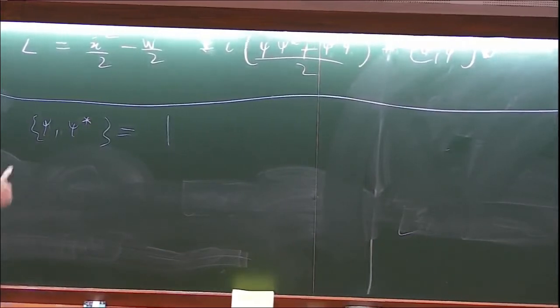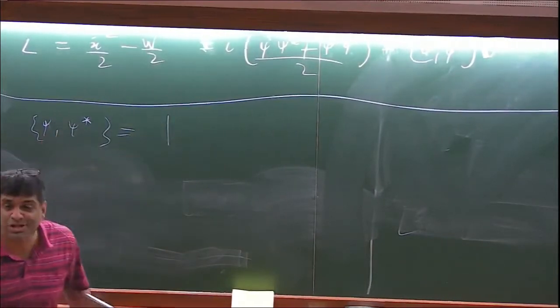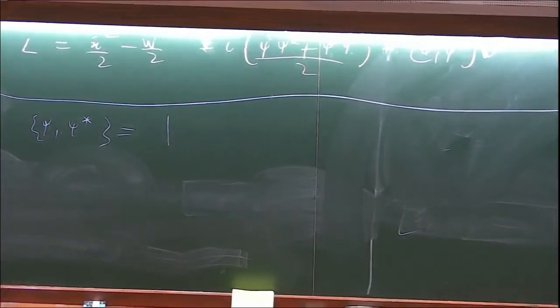Now x has its usual algebra, right? The momentum is x dot. The Poisson bracket of x and p is 1, so the commutator of x and p is i. That's the usual story. What's unusual is this fermionic business.